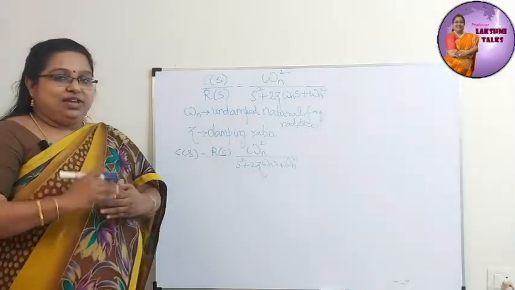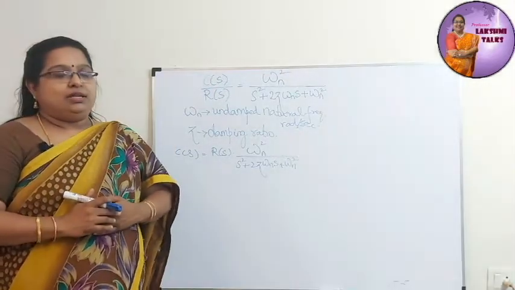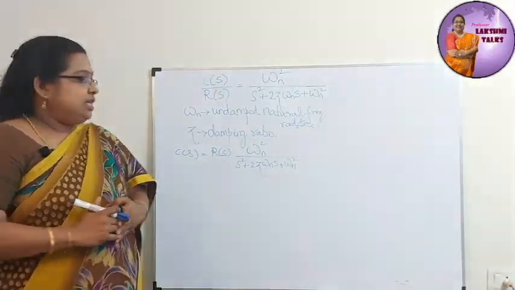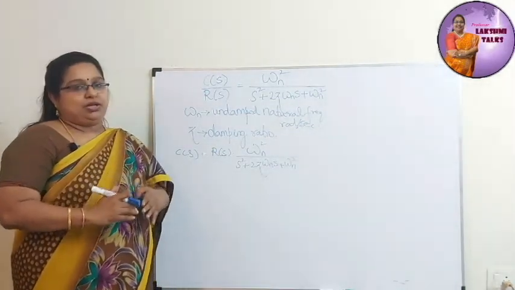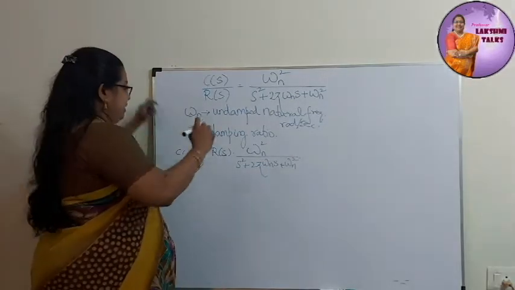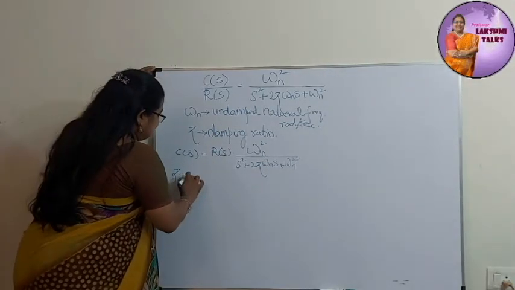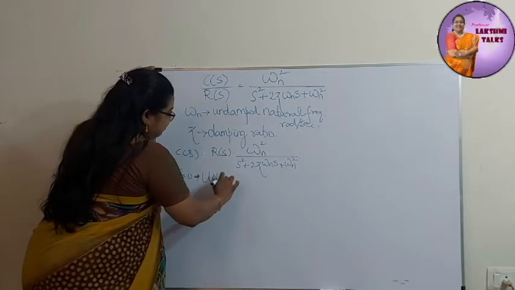So there are various cases for this second order response, based on the value of zeta. Today's class we will see when there is no damping ratio, when zeta is equal to 0. That is an undamped system. So when zeta is equal to 0, it is called an undamped system.